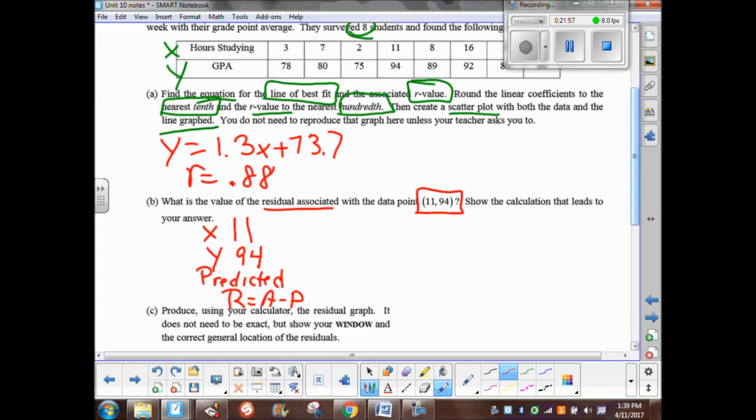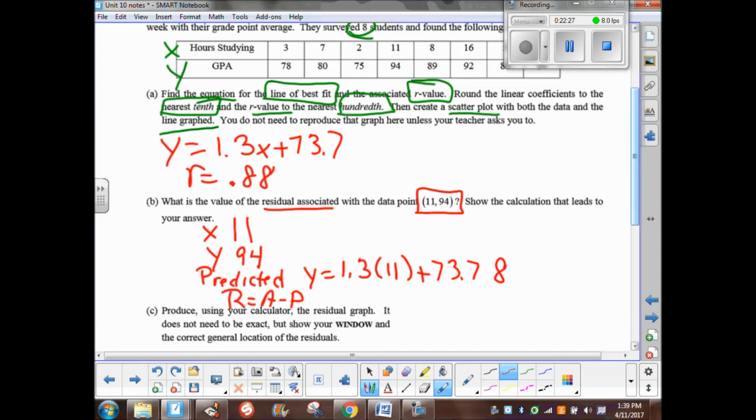So the predicted comes from our predictor. Our Y equals 1.3. What's the X value that goes with it? It's 11. 11 plus 73.7. So what do we get for that? Give it to me nearest integer. 88. Okay.